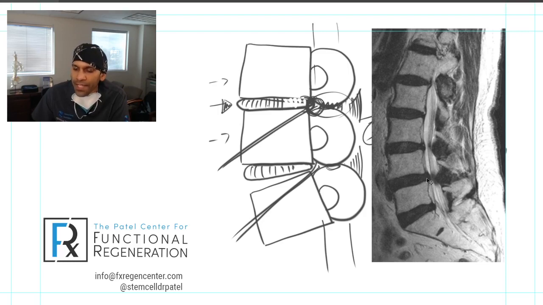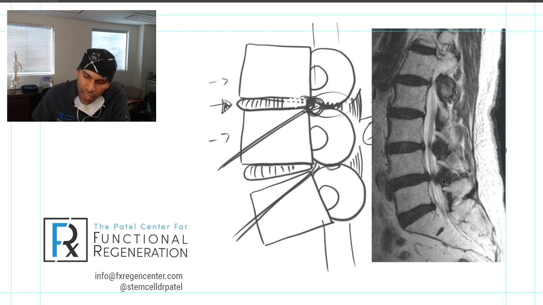But since we're using an orthobiologic that has the potential of strengthening things like ligaments, when I treat a situation like that, I inject into the epidural space to bathe all the nerves as they travel through this area. I also inject in a manner to coat the exterior of the disc, because as we saw from last week's video, we have seen disc bulges decrease before with these injections.